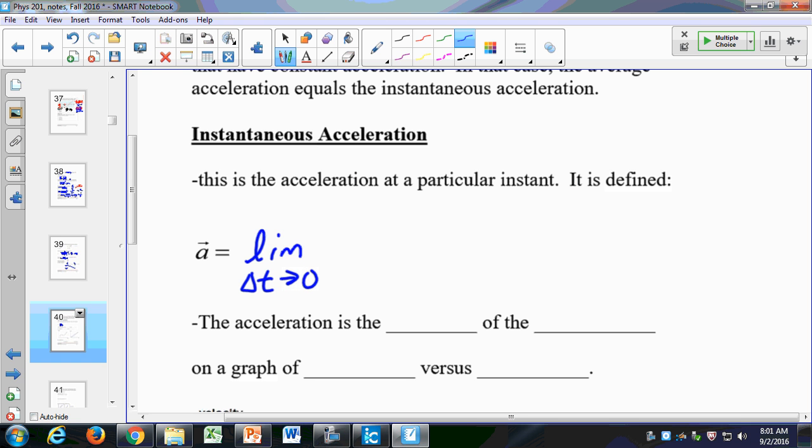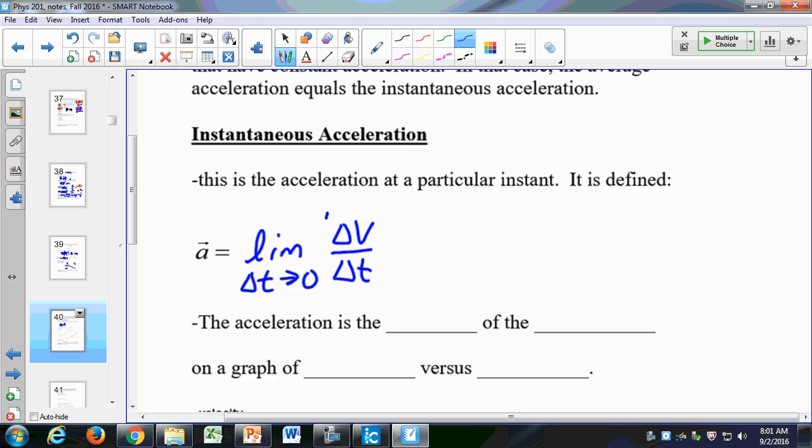Here, we're going to take the limit of what, do you think? Not average velocity. We're going to take the limit of our average acceleration, the limit of delta v over delta t.